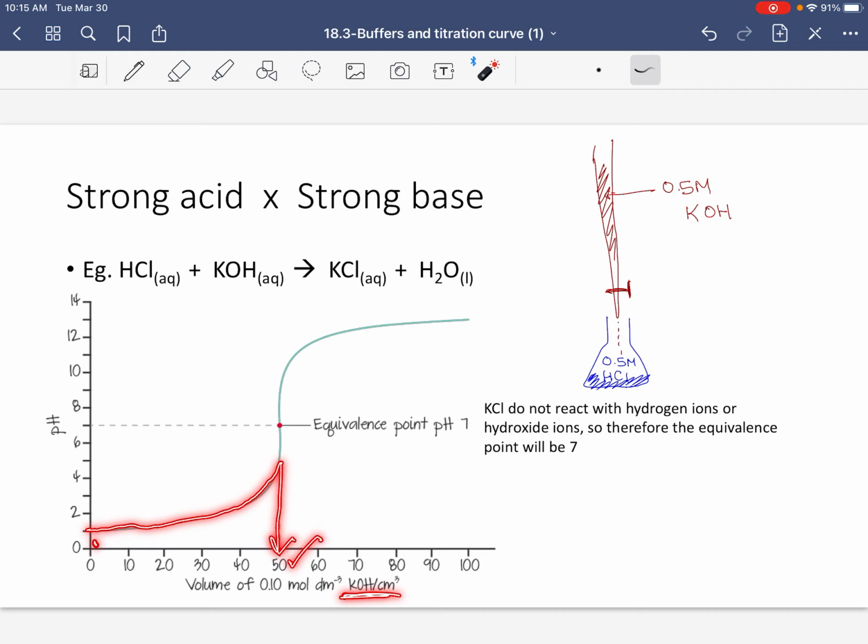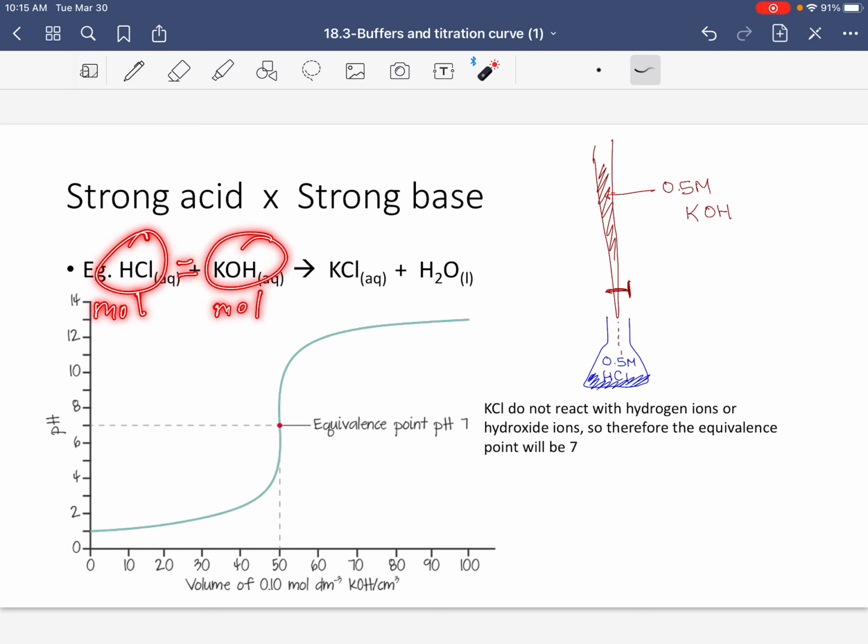50 milliliters is at the equivalent point. If these are at the same concentration and you have 50 milliliters of acid in there, it only makes sense that you need 50 milliliters of base to reach the equivalent point, where the amount of HCl in moles and the amount of KOH in moles will be equal.